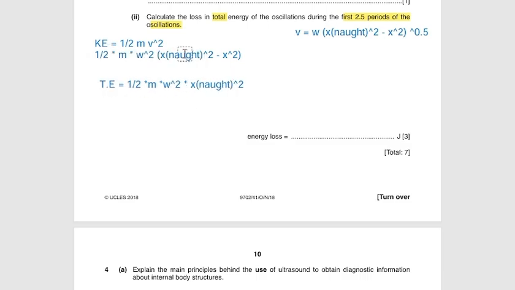So you took this formula, you removed minus x square, and you just were left with 1 by 2 m omega square x naught square. So if you learn the kinetic energy formula, it will be very helpful. You can easily learn the total energy as well.